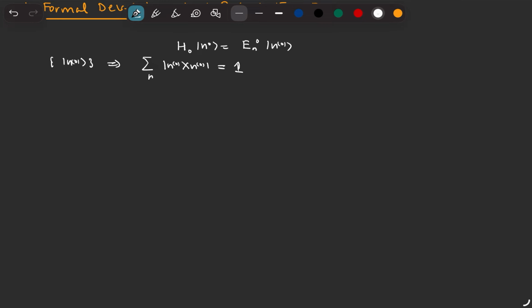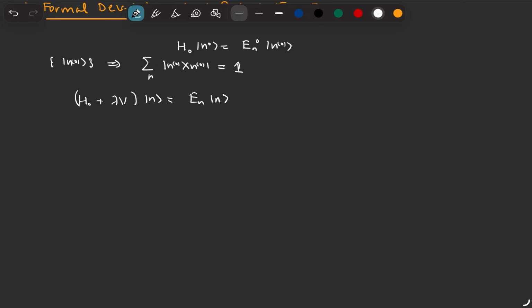And now suppose you have a perturbed Hamiltonian, H0 plus lambda V, and you have some new eigenstates given as |n>, and their energies are En.